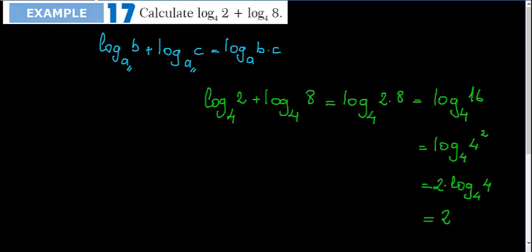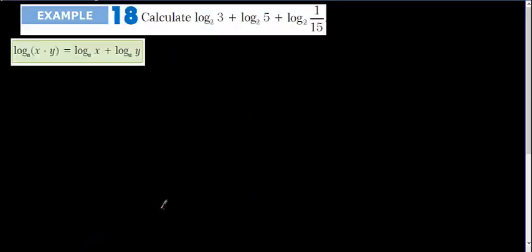Okay. The next one: logarithm base 2 of 3, logarithm base 2 of 5, logarithm base 2 of 1 over 15. Here the operation between them is addition, so we are going to multiply all of them.